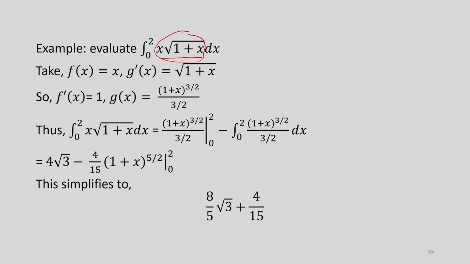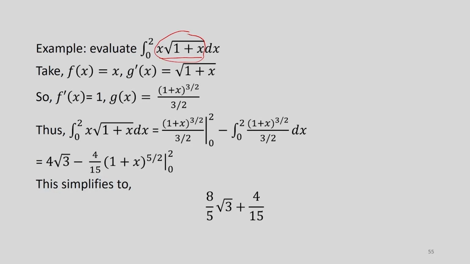A natural question that may arise is that this is a product of two functions, but which is f and which is g prime? There is no hard and fast rule of what you will take as the first function and what as the second, but practically speaking, in the formula of integration by parts, one has to differentiate one function.